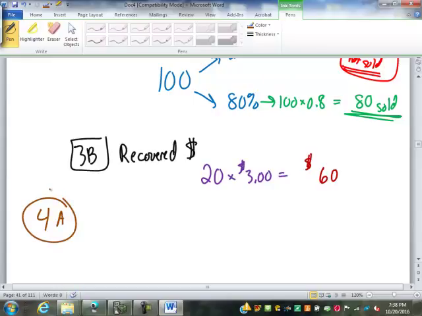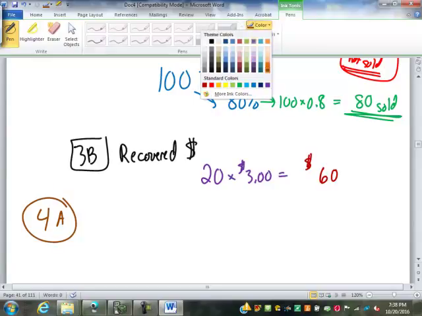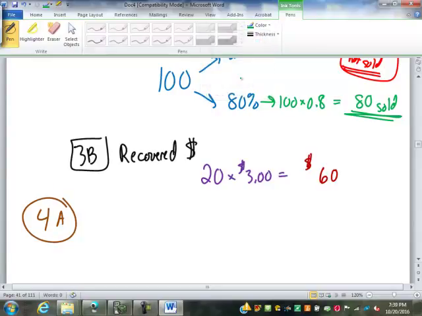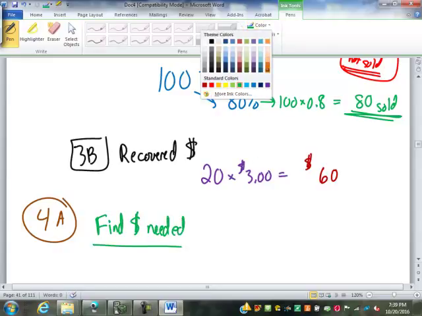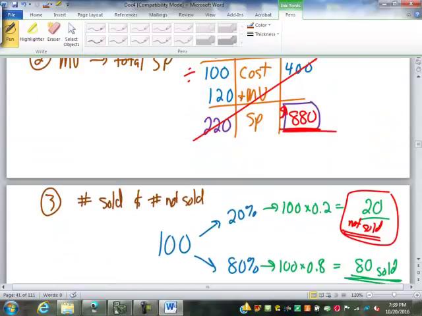Which means at the beginning of step 4, which I'm going to call step 4A, we are adding a step. Which means I have to find the dollar amount needed from the ones that sold. I found a total selling price up here of $880. Up to this point, that's what we've been using for our total selling price for all our other examples. But here we're actually getting some money back from the ones that go out of season.